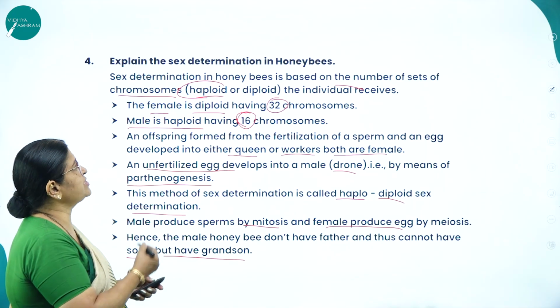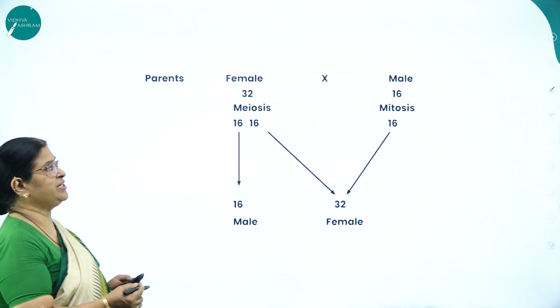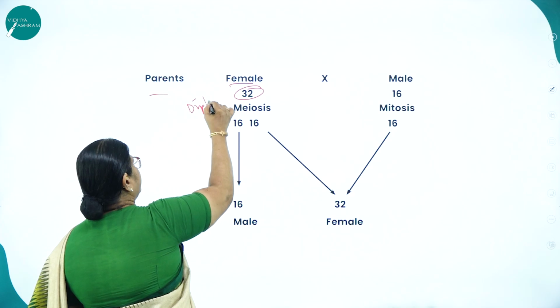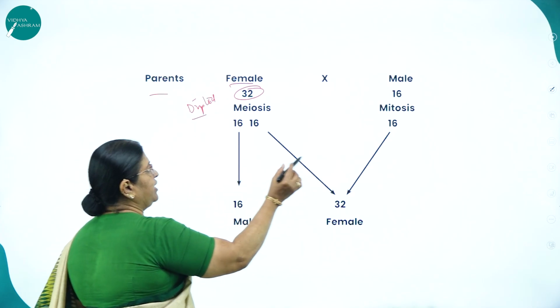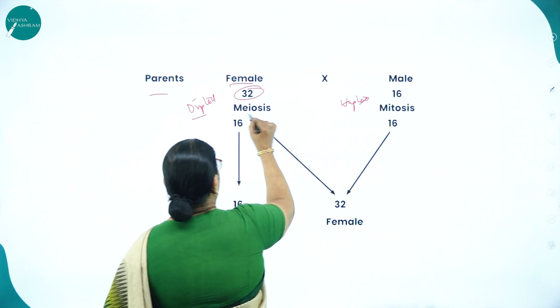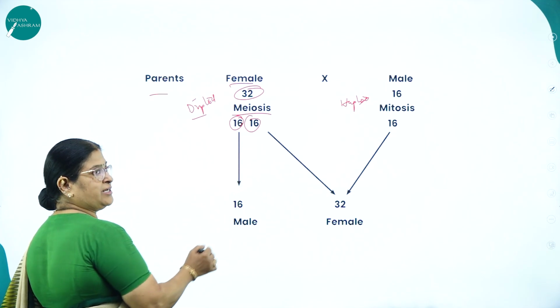So how do you represent this sex determination in honeybee? This is the representation. The parents are female 32, that is the diploid set, and male haploid. Females undergo meiosis, so 16, 16, and there it is mitosis.